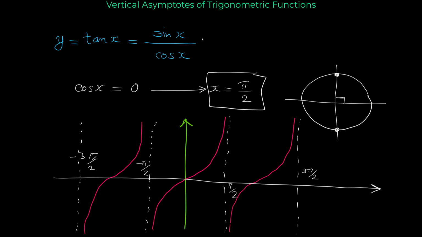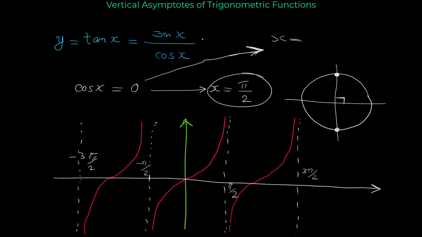If you solve this equation and write not only this single particular solution but the general solution of this equation, the general solution is x equals n pi plus pi over 2, where n can be any integer, positive or negative. For example, if you plug in 1 for n, 1 pi plus pi over 2 would be 3 pi over 2.